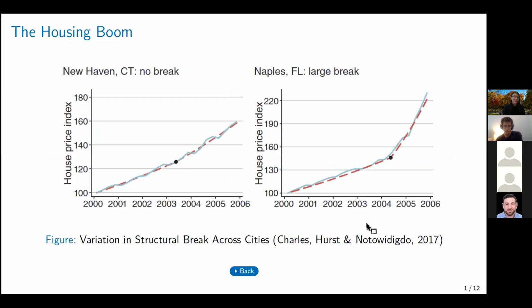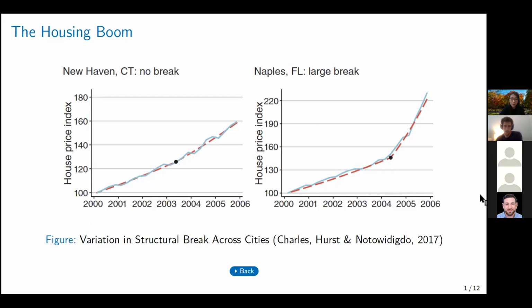What it means is that during the housing boom, different housing markets have different levels of boom. So for example, here in New Haven, Connecticut, the housing price just grows smoothly over this time period, whereas in Naples, Florida, there is a clear trend break somewhere in the middle of 2004.